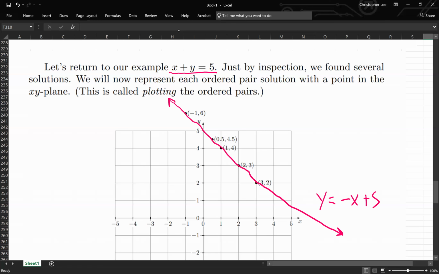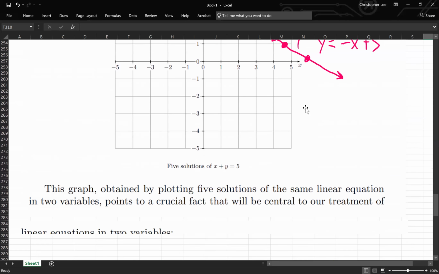The point is, on this line, every single point on the line, even the points that you can't see, all of these points are solutions to this equation. Every single one. That's what they're trying to say.